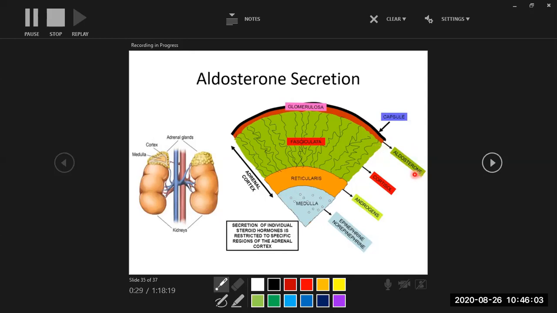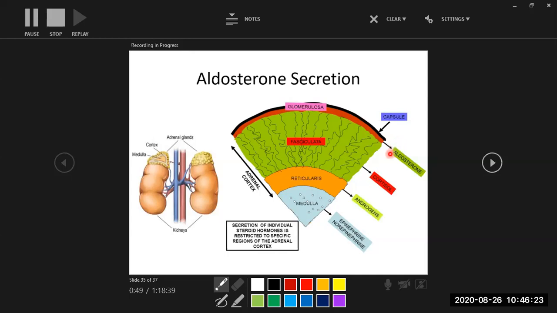It has three zones. Glomerulosa releases aldosterone, fasciculata releases cortisol, and reticularis releases androgen, which is a sex hormone.